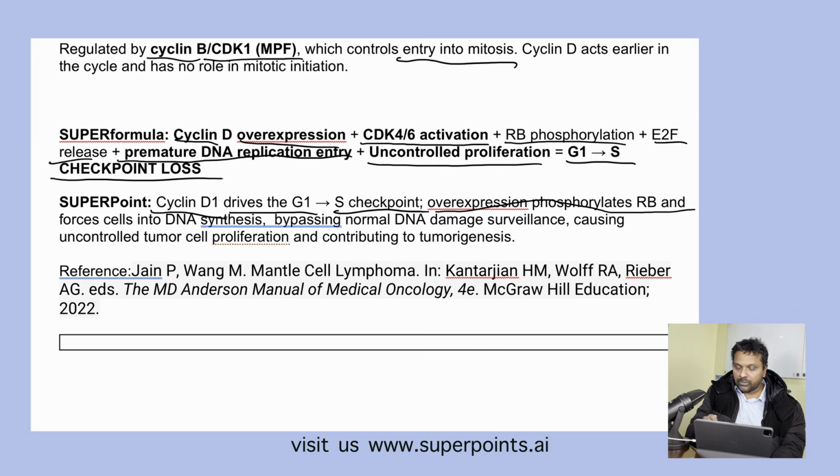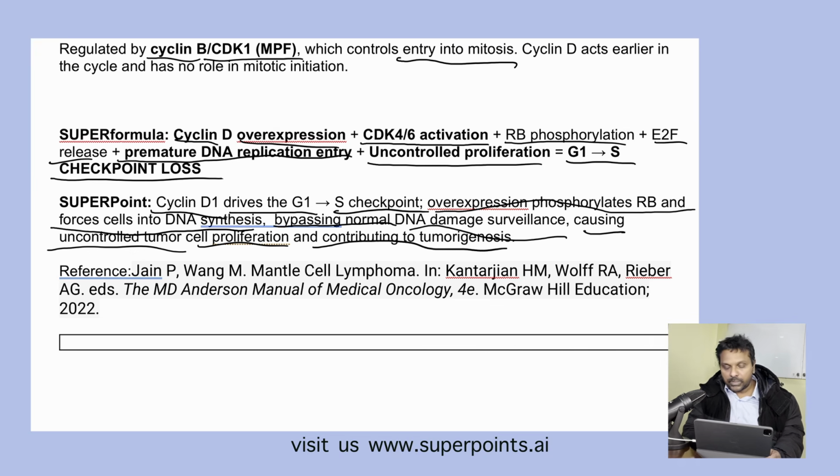Overexpression phosphorylates RB and forces cells into DNA synthesis, bypassing normal DNA damage surveillance, causing uncontrolled tumor cell proliferation and contributing to tumorigenesis. So if cyclin D is overexpressed, the cells are quickly going, causing cell proliferation and tumorigenesis.